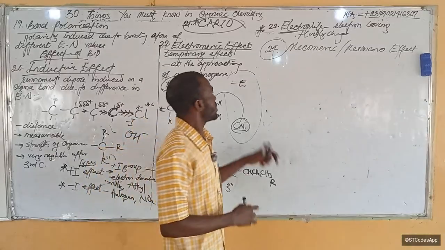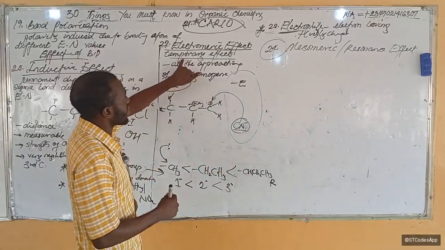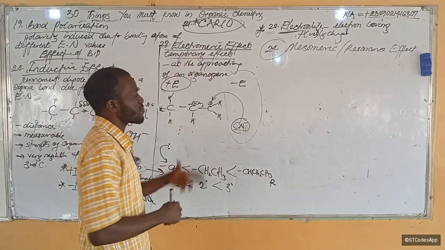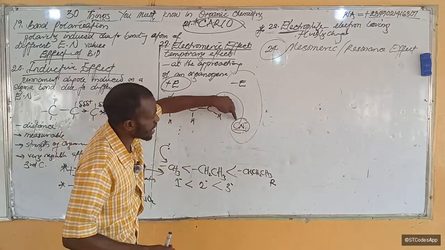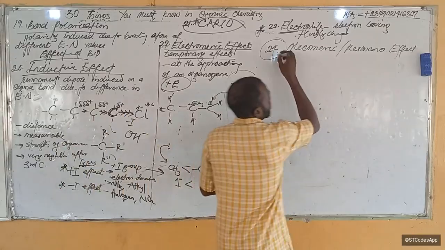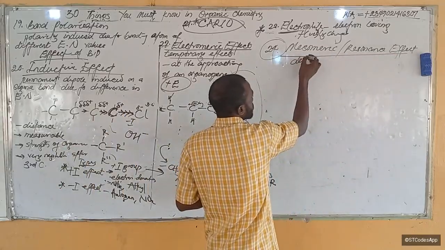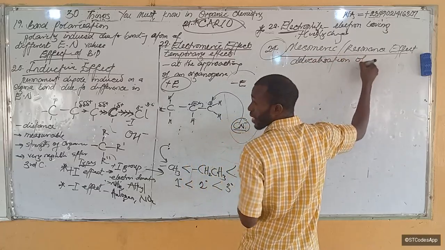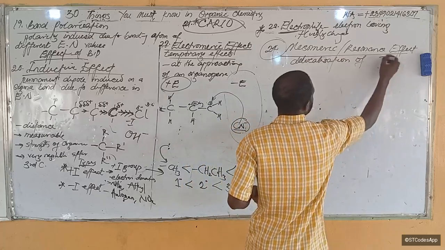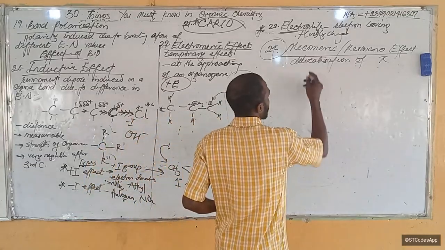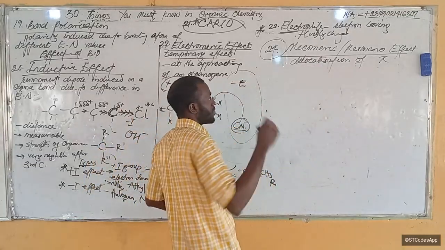Sorry, this one is temporary displacement of pi electrons due to the presence of an organogen, while this one is delocalization of pi electrons. Delocalization of what? Pi electrons.